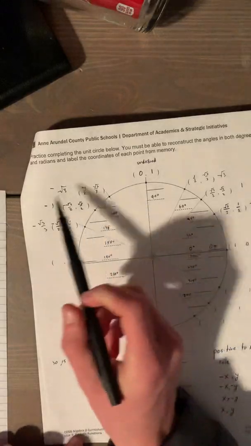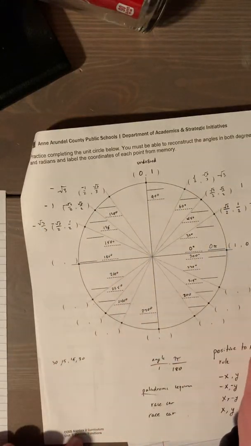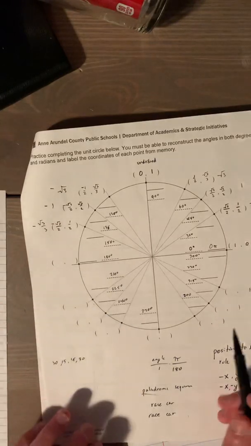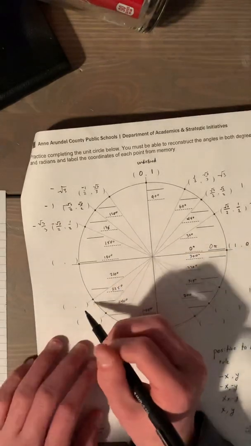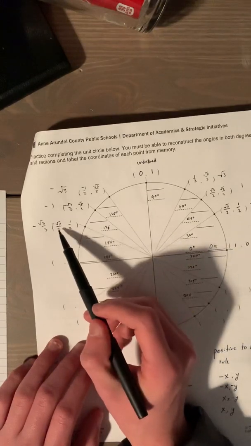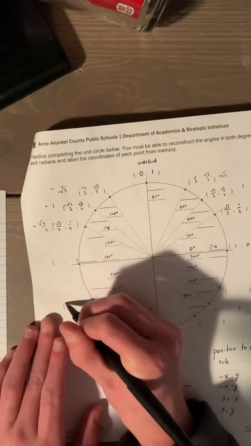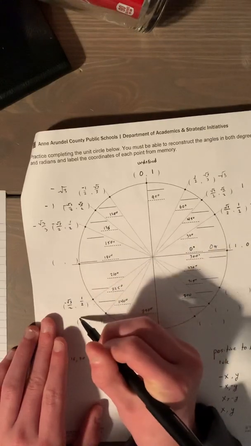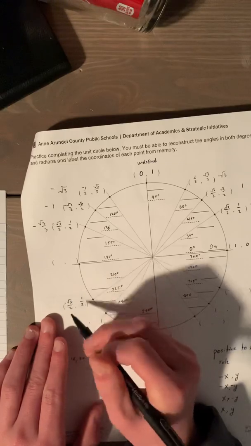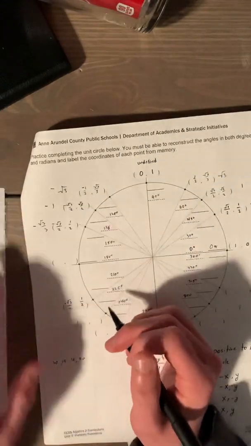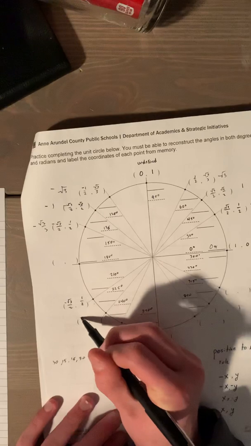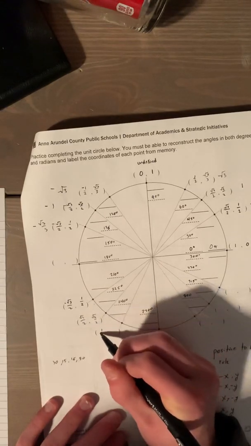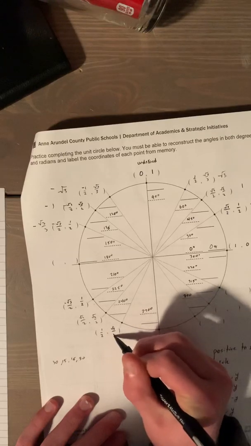So once you have this, you can essentially just repeat everything down here. So rewrite the values, starting here, because it's palindromic, so it goes backwards. So square root of 3 over 2, 1 over 2. Disregard the fact that it's negative. Square root of 2 over 2, square root of 2 over 2. 1 over 2, square root of 3 over 3.